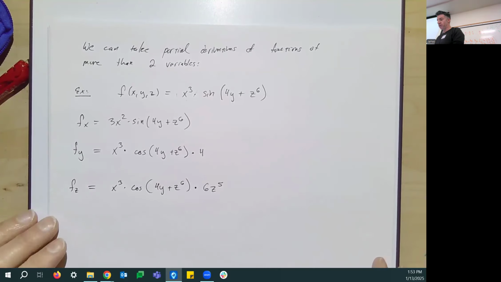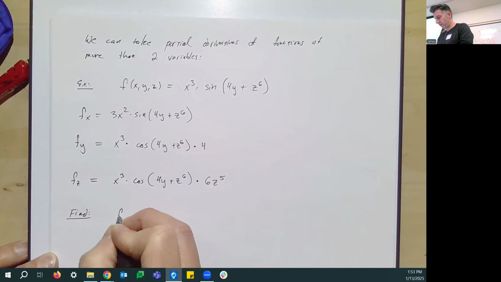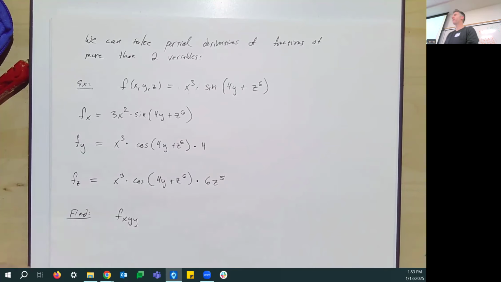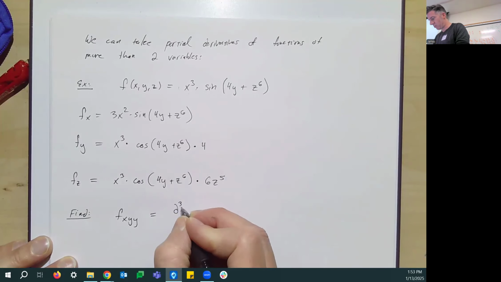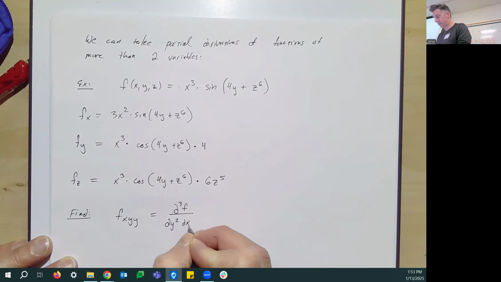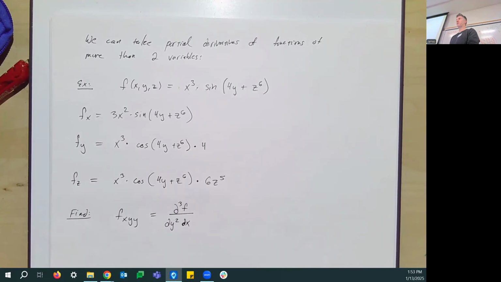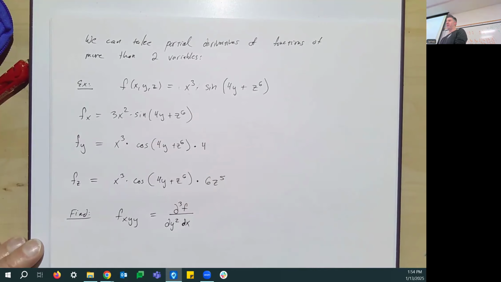So for example, we could say find f_xyy, which means we would do the derivative with respect to x first, and then y again, which you could certainly write as, oh, it's annoying, del cubed f del y squared del x, which means you're doing x first and then y again. Gross.